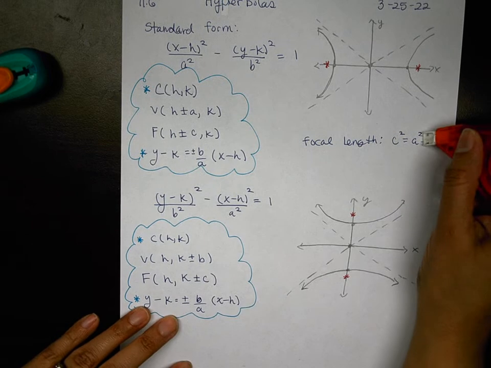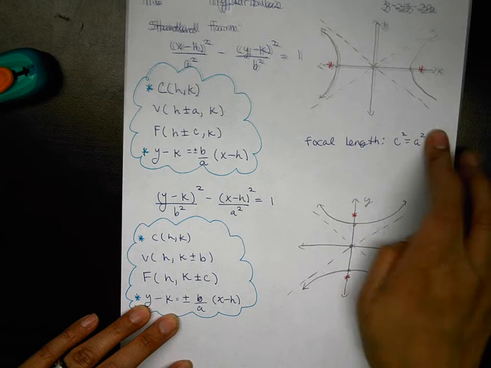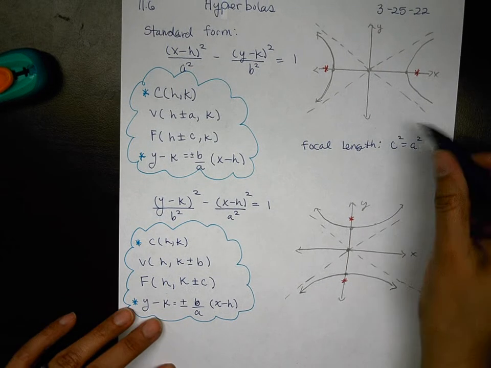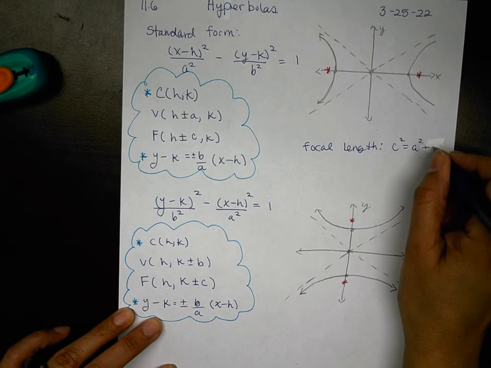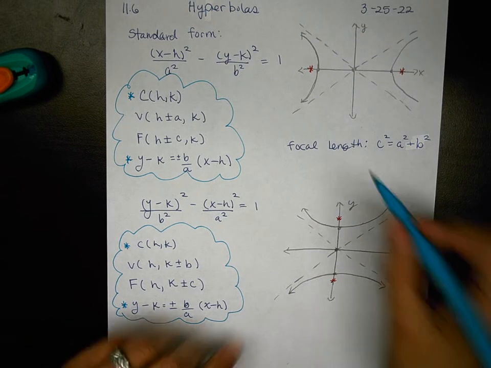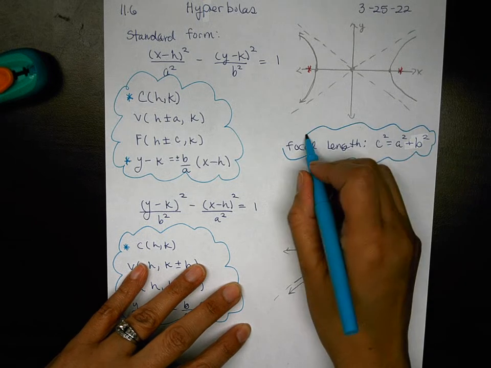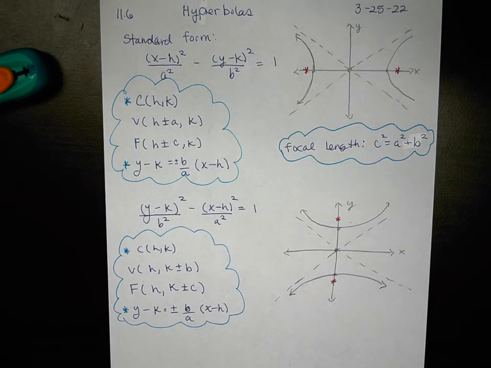Does that look like a familiar formula? Is it Pythagorean's theorem? Do you guys agree? Yes? All right. It is, but it also looks very similar to our ellipse focal length formula.